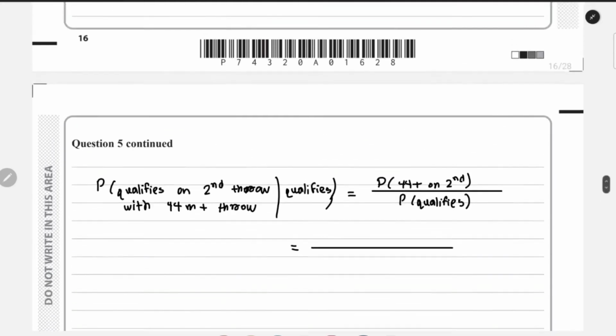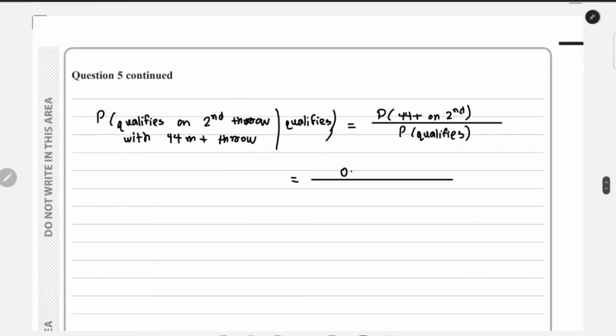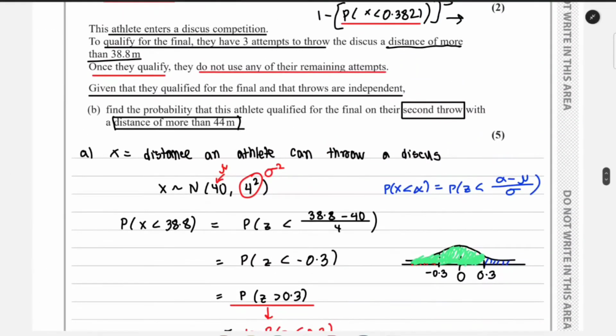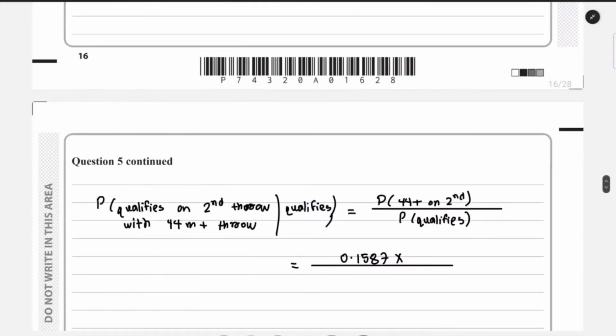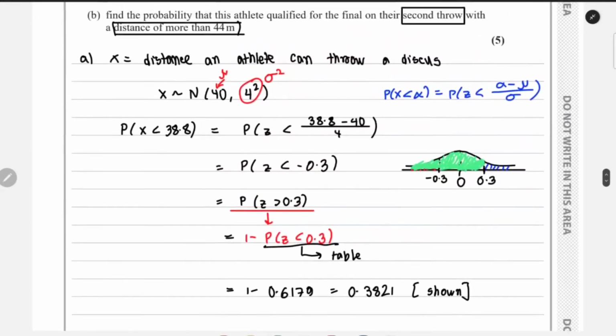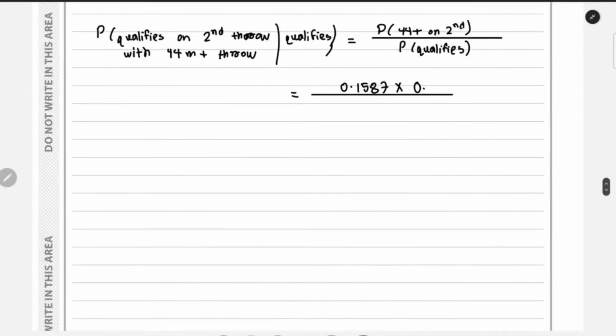This will be 0.1587 times, and you have to take into account that if he throws more than 38.8 meters on his first throw, he will not get a second throw. So we have to fail on the first try, so we'll multiply in 0.3821 over here.